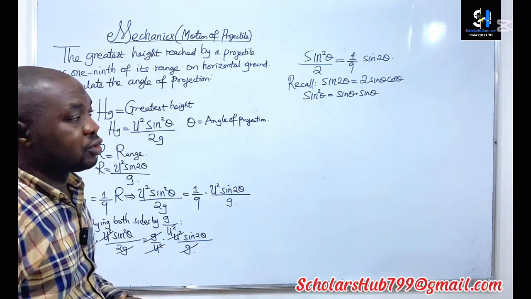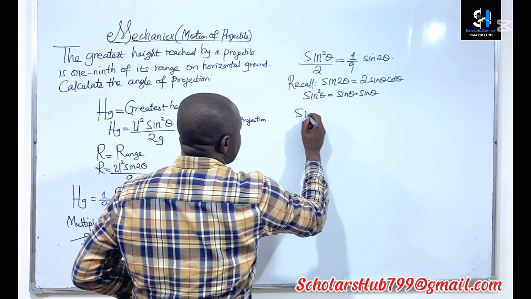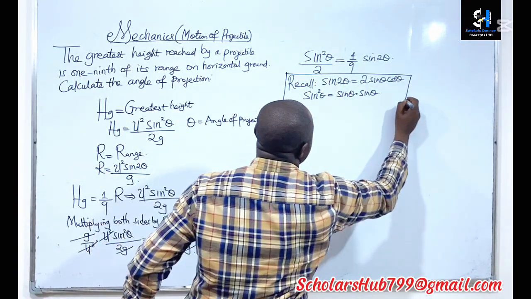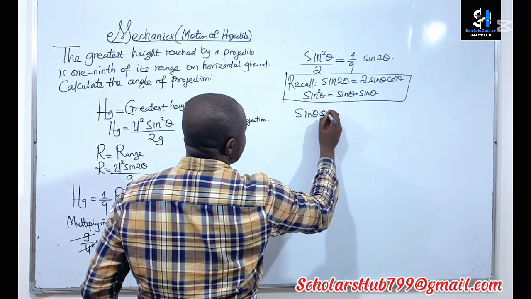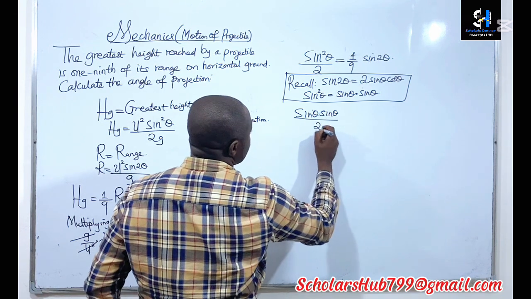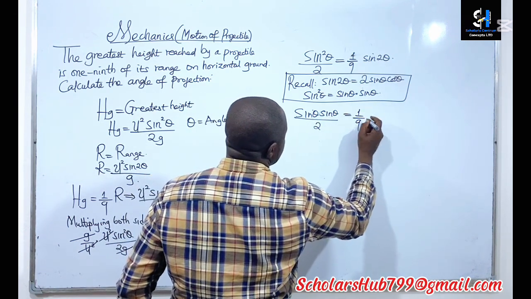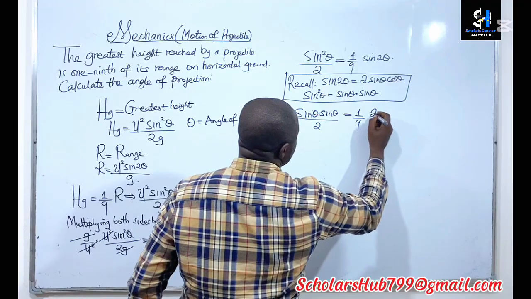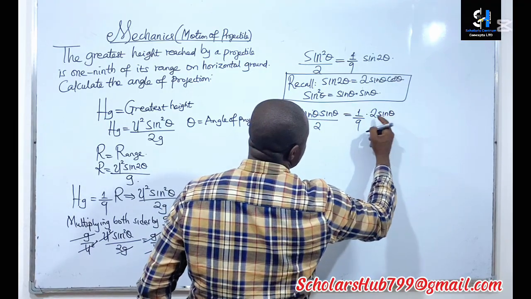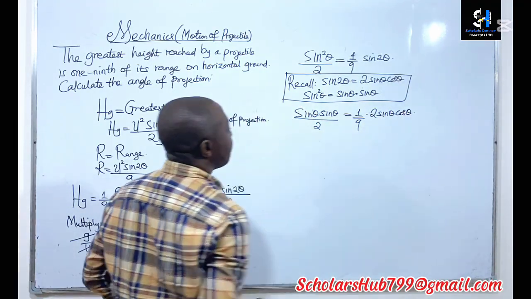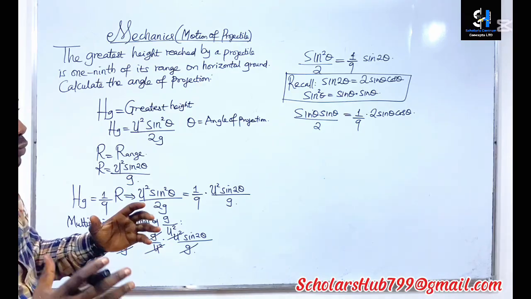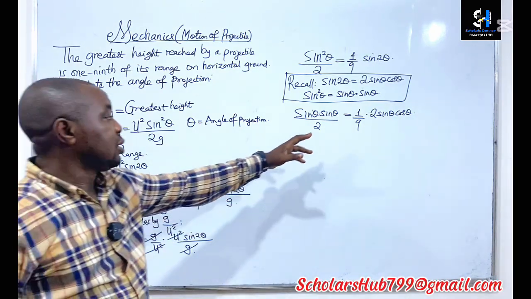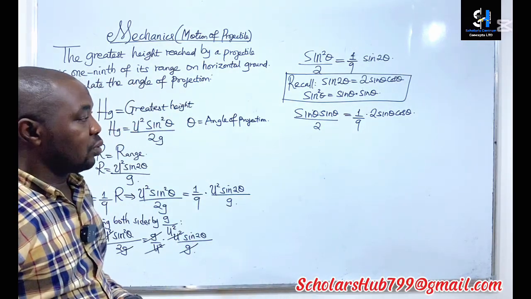So in this case, we can write this as sin theta times sin theta over 2, which equals 1/8 times 2 sin theta cos theta. All right, so let's get rid of sin theta on both sides.